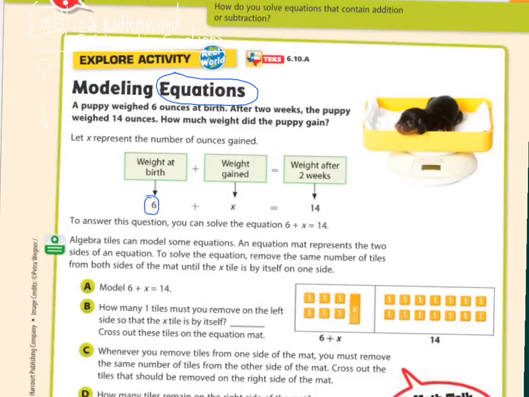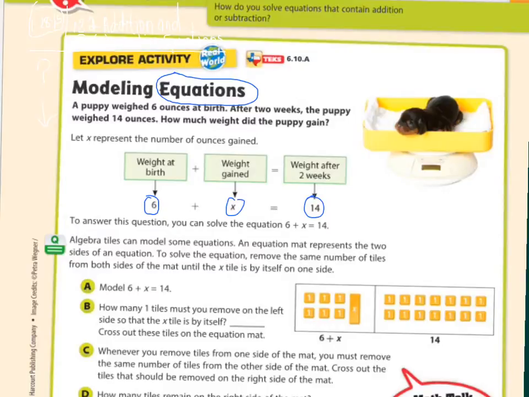And then we don't know how much to add to that, but that amount is what the puppy is gaining. And then when they took the weight again at the end of 2 weeks, he was at 14 ounces. So this is your equation: 6 ounces plus some amount that we're going to have to figure out is 14 ounces.